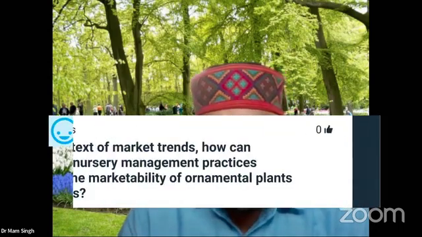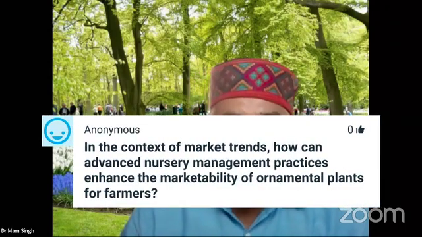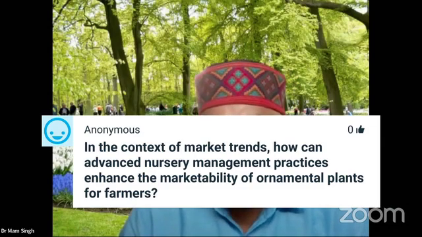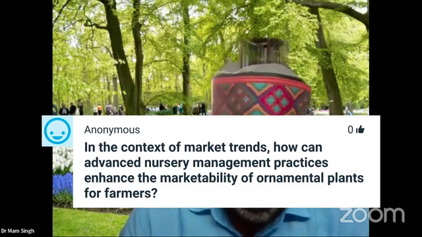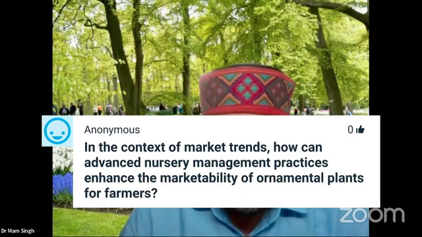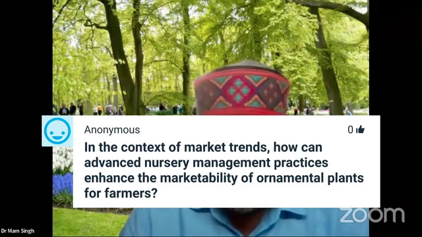Okay. And in the context of market trends, how can advanced nursery management practices enhance the marketability of ornamental plants for farmers? Yes, this is very important: we now have a very high demand for ornamental plants. Every city is growing, and every smart city is becoming smart.